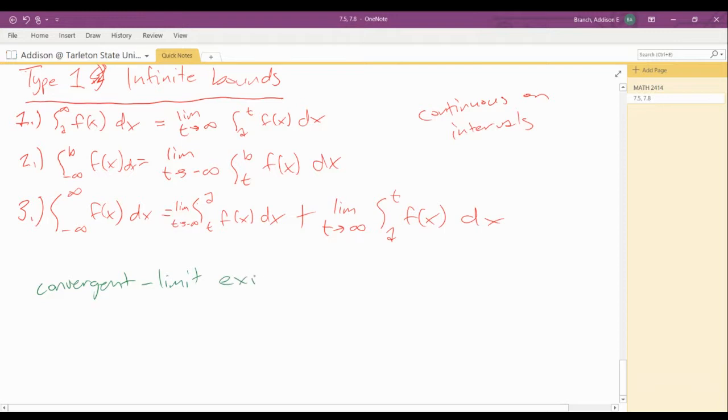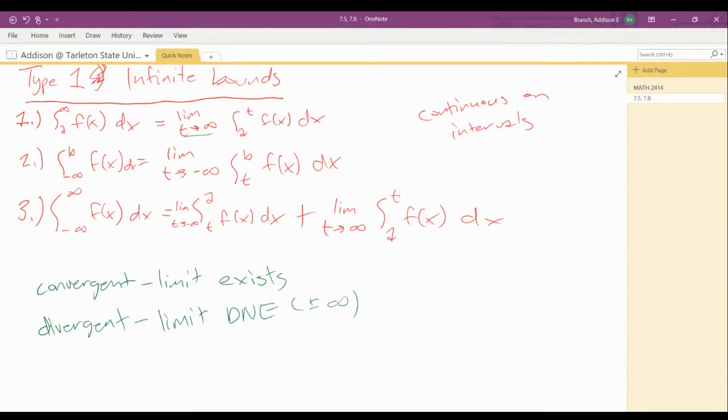So whenever you take the limit of any of these cases, you will get some finite number. And if you have something that is divergent, that means your limit does not exist or goes to infinity. Definitely keep those terms in mind, because these will come back at the very end of the semester whenever we start talking about series.